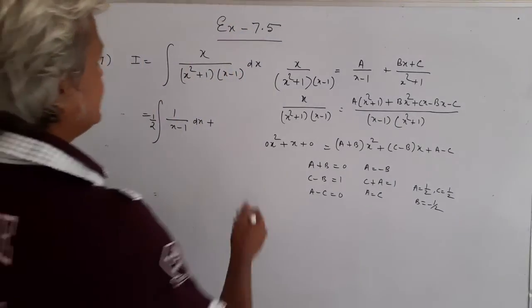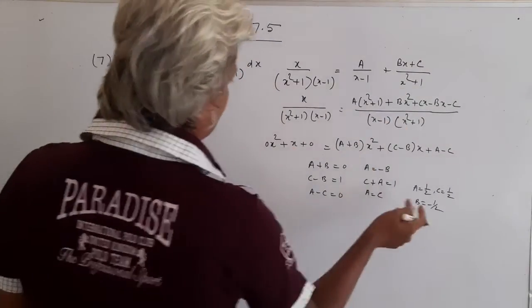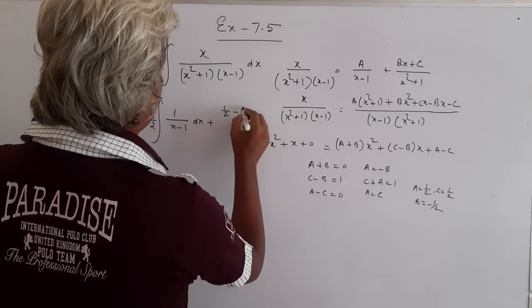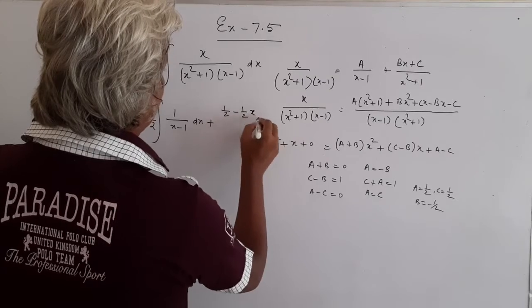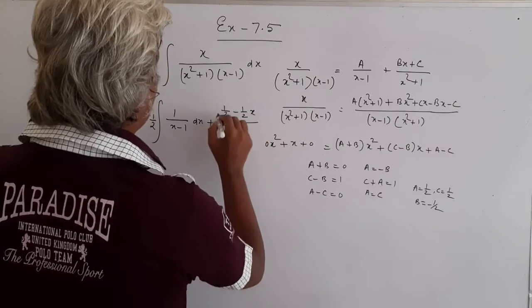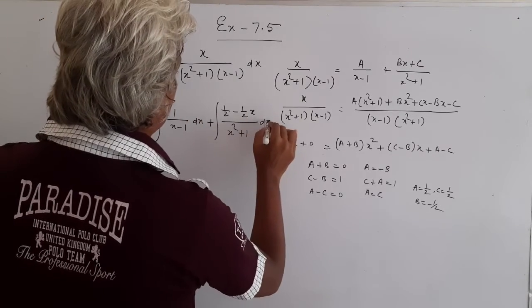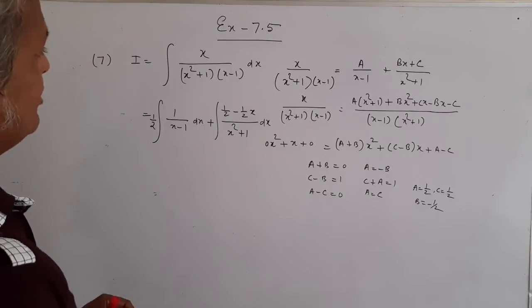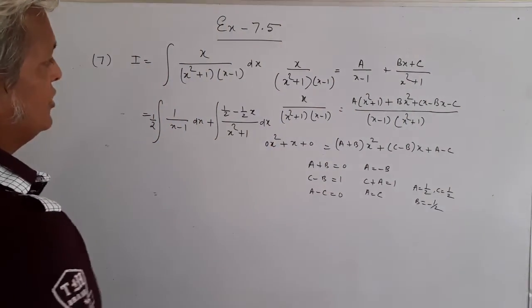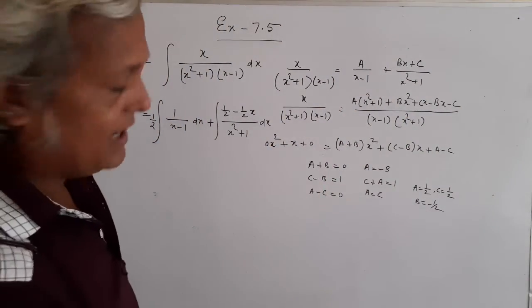I want to write c first because the order will help me: c minus half x over x square plus 1 dx. Right now this is getting quite messy, so I think this part you have already understood.